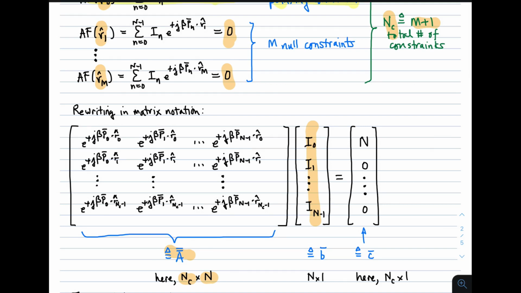And now c becomes a vector, an Nc by 1 vector, indicating the values in the directions which are being constrained. So we have a matrix times a vector gives us a vector, and the thing we're solving for is b, given the known values of the matrix A and the vector c.